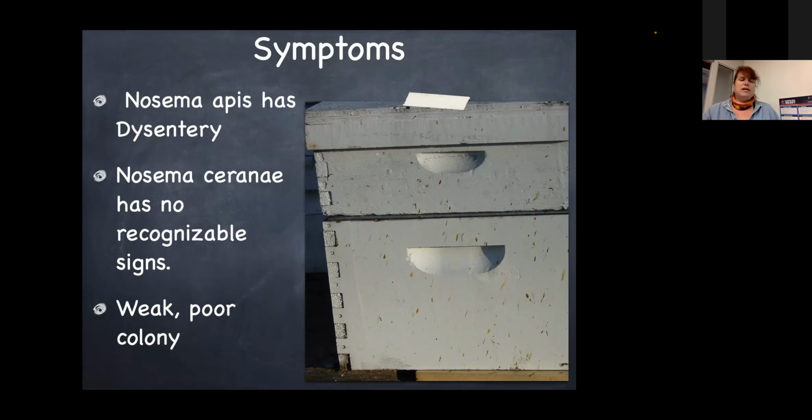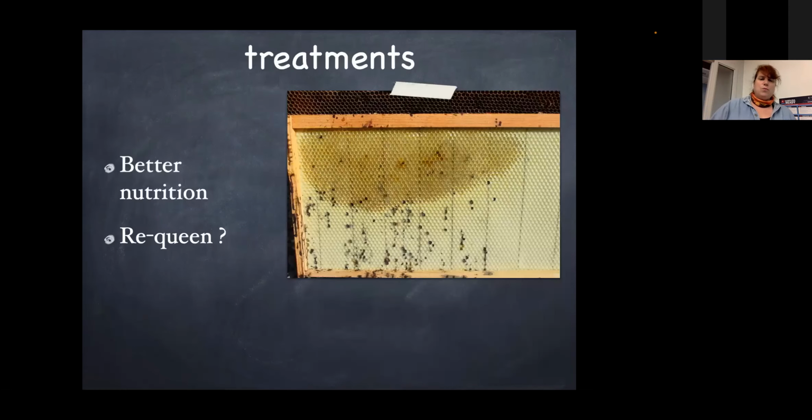The only thing you would see is that your colony would not be doing well. It wouldn't have good stores. The population wouldn't be good. It wouldn't be really active. So nutrition is part of it. Feeding your bees and requeening would help.